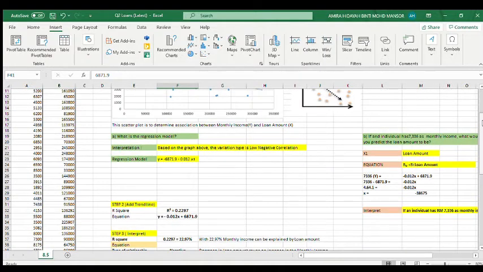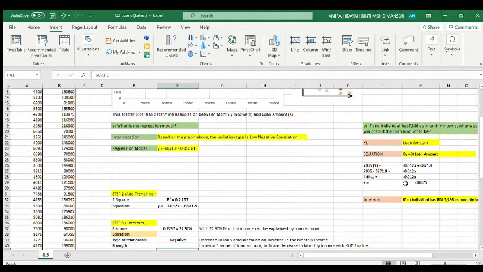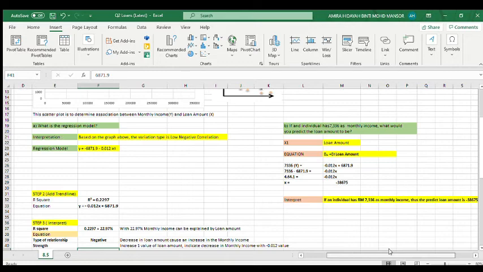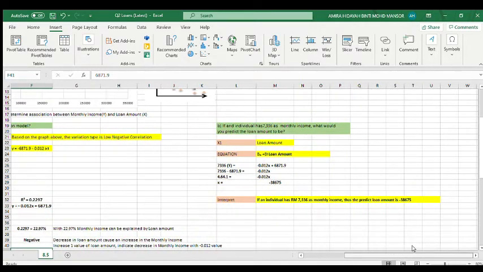From that we can get the answer to question B. Wait, what is question B1? If an individual has 7,066 as monthly income, what will you predict the loan amount to be? This one is the loan amount equation. This is linear regression.